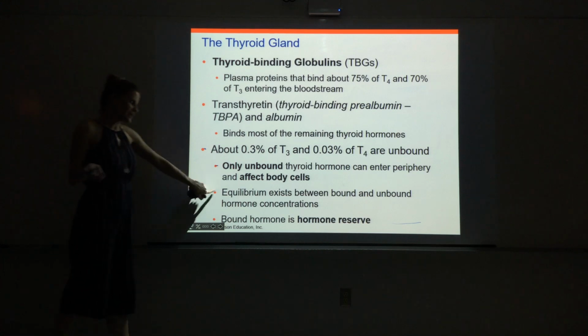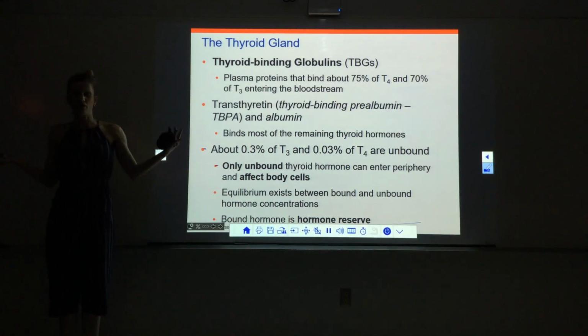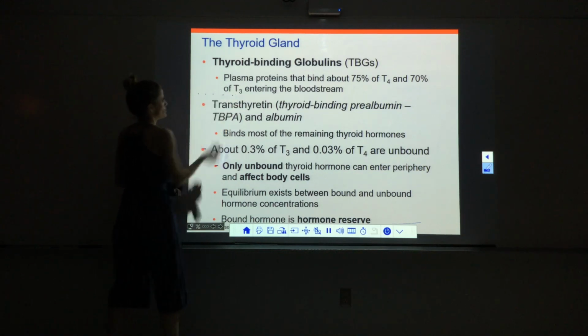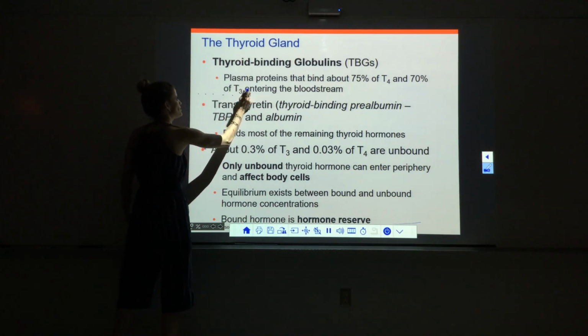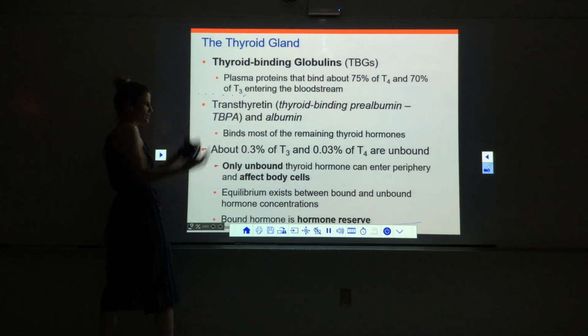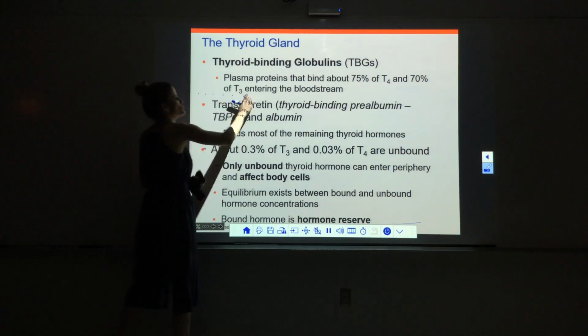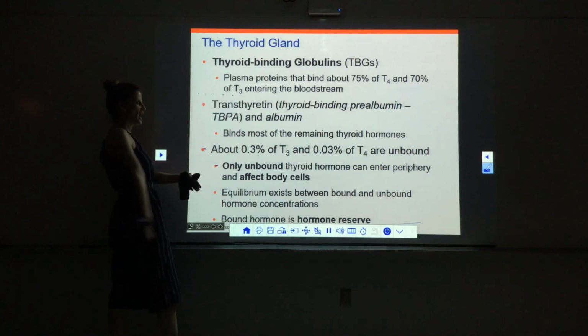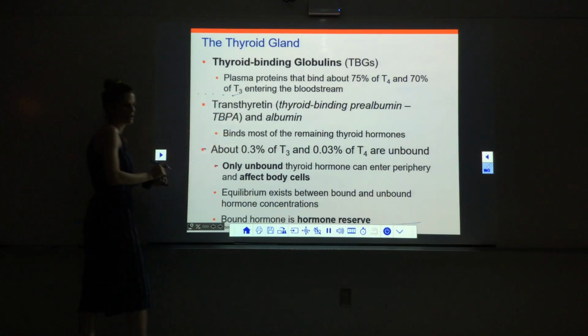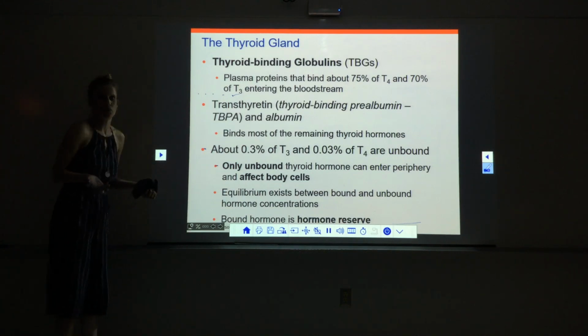Again, we said that there was an equilibrium between the bound and unbound concentrations. So if you have all of those bound and then one little unbound one, this is the only one that's going to leave the bloodstream and go work. The rest of them are stuck here. But as soon as this one leaves and goes to do its job, we upset the equilibrium and another one loses its carrier protein, and now it's unbound and it can work.